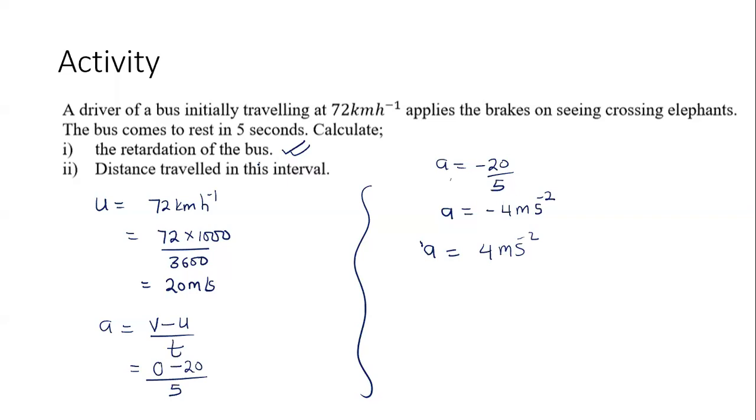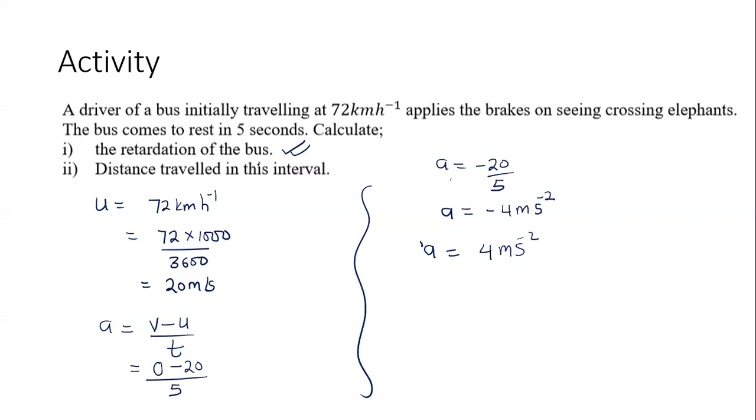Excuse me, teacher. Yes. Sometimes when that negative is not there, is it right to add it? Like in calculations, when you are dealing with the retardation and you get a plain 4?